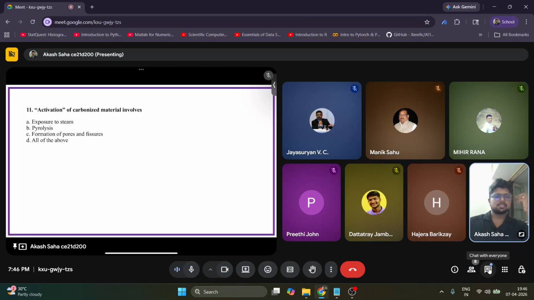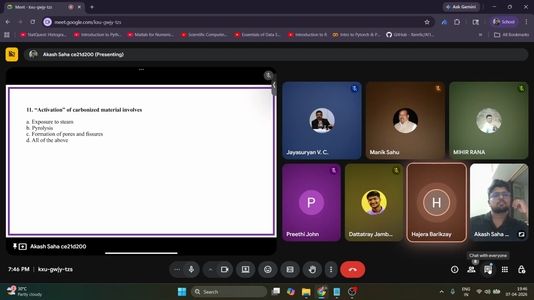So what is pyrolysis? I guess it's heating this carbon, which removes the organics, and we're just left with carbon, but it's not activated.